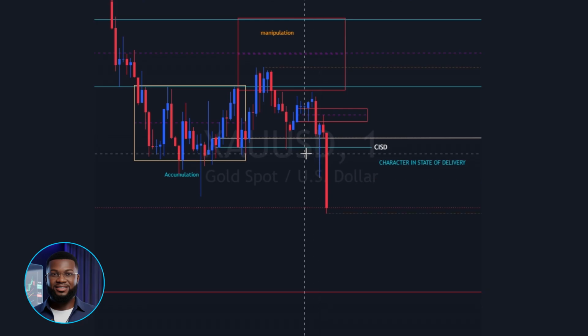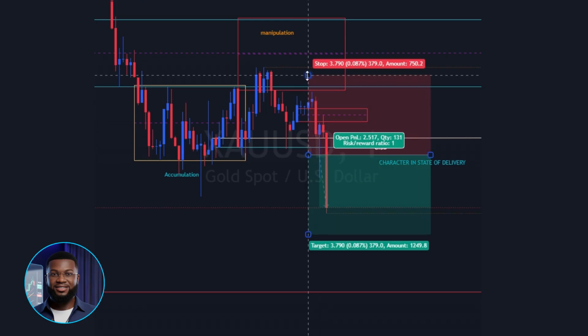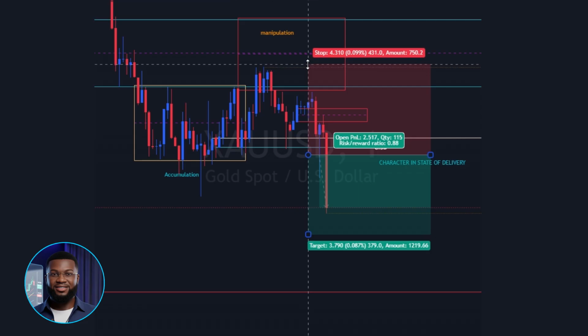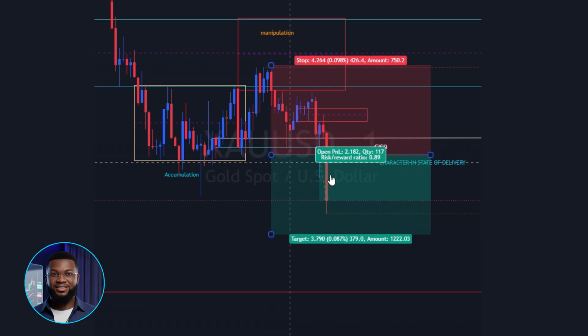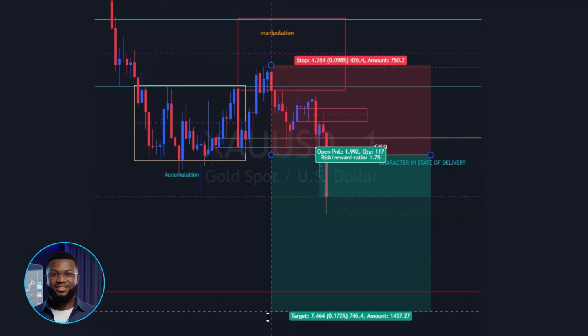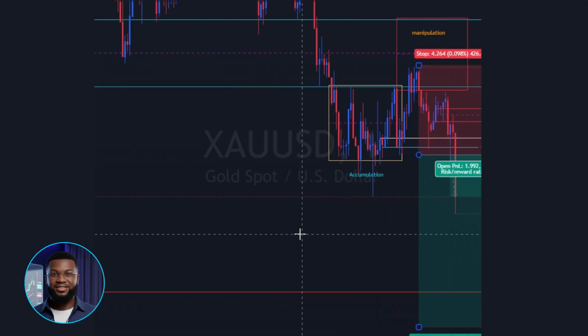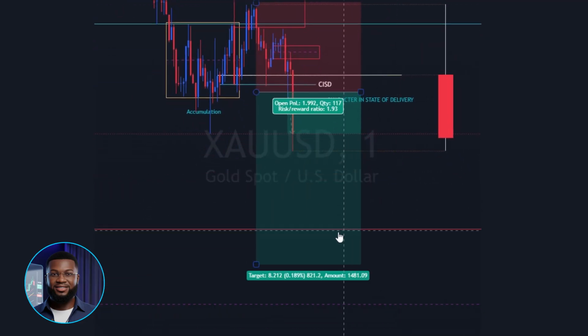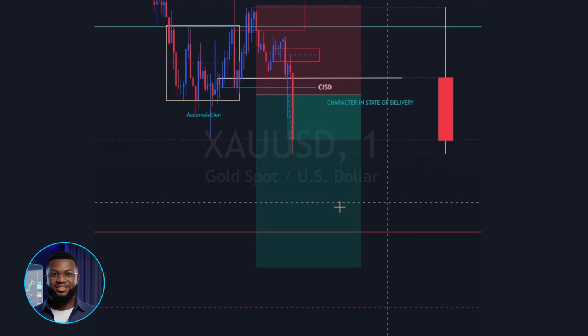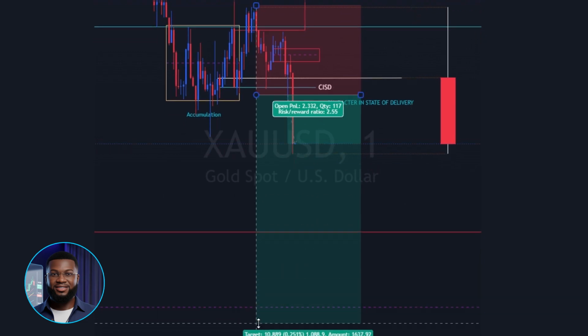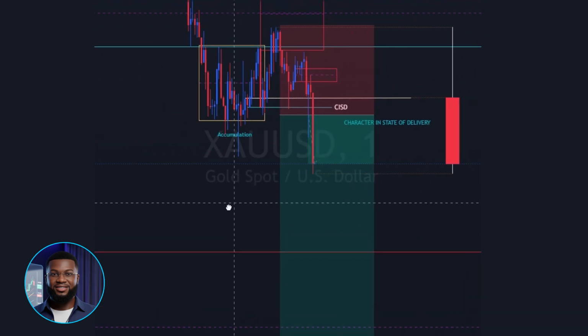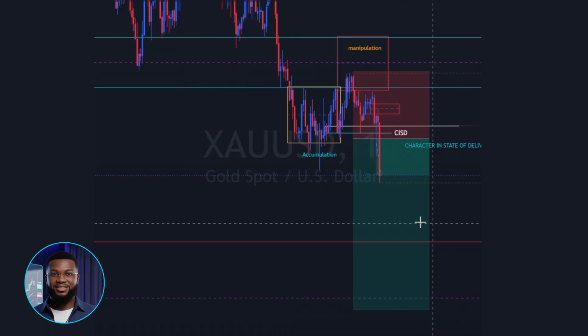So at this juncture, you can put some sell limit orders right here, with our stop loss just above this high. Then we are good to go.